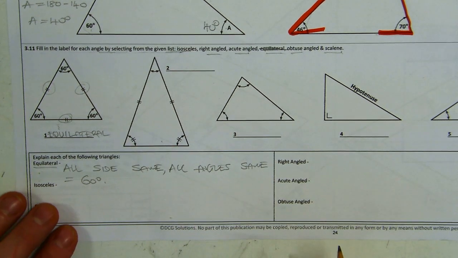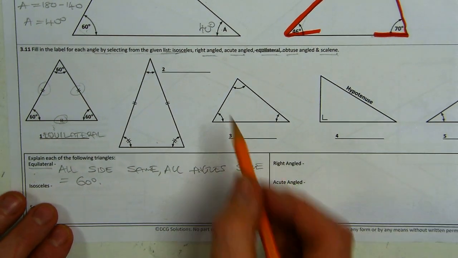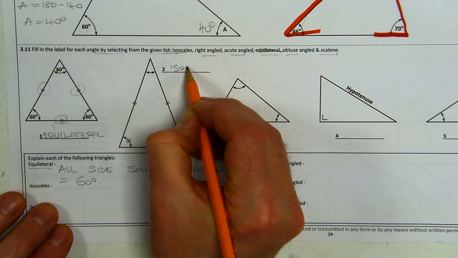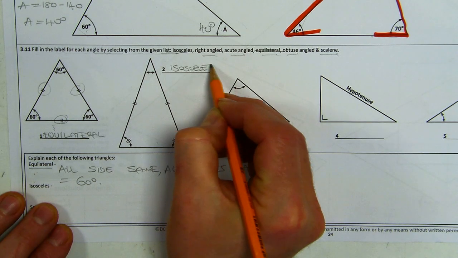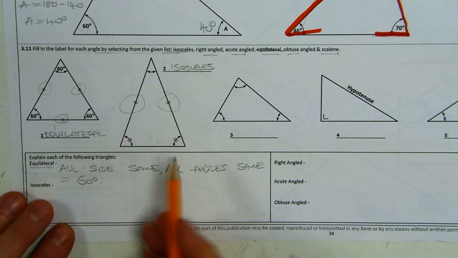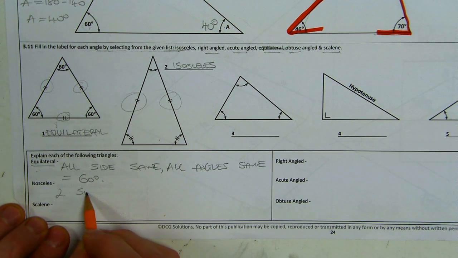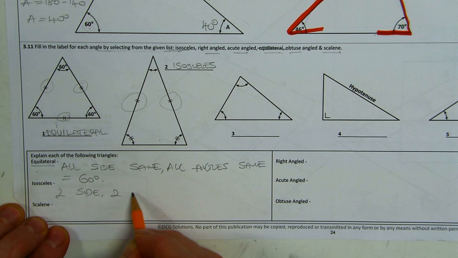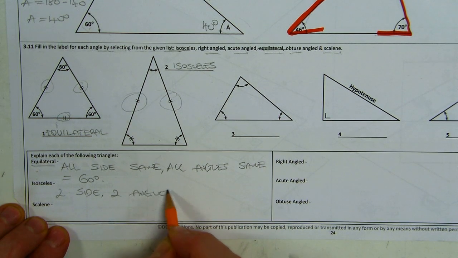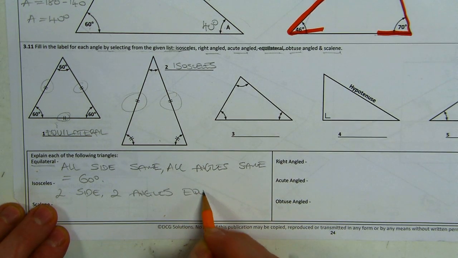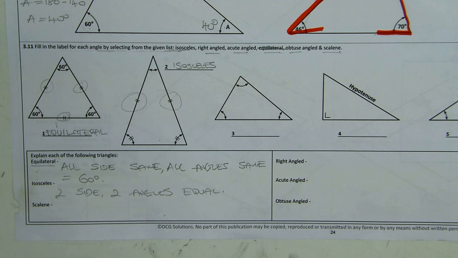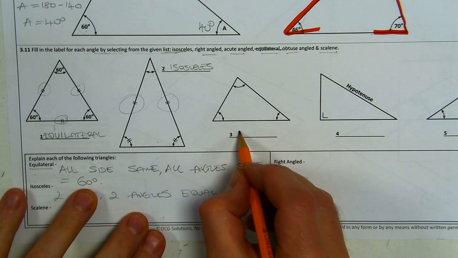What's the next one? Isosceles. And again, it's telling us what? Two sides and two angles are equal. What about this next one? Scaling.